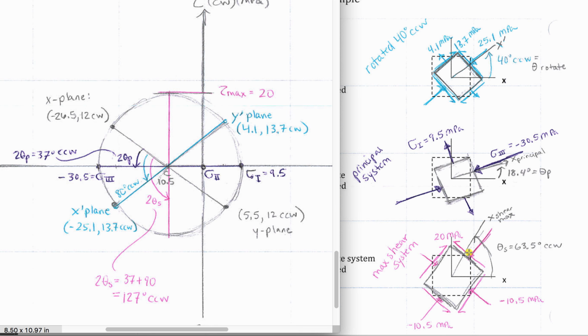And then what about the shear stress? So on our rotated x-plane, our shear stress should be 20 megapascals going counterclockwise. And we knew that because here on the Mohr circle, we rotated through that 2 theta s from the x-plane counterclockwise, and we got a shear stress that was 20 megapascals counterclockwise. So over here, 20 megapascals going in the counterclockwise direction. So hopefully this is helpful to tie together the equations, the Mohr circle, and the rotations on all of these cubes.